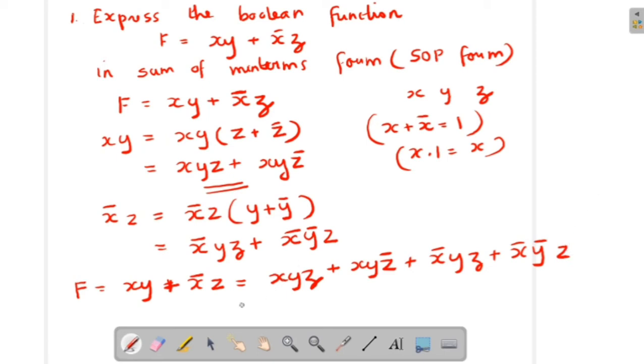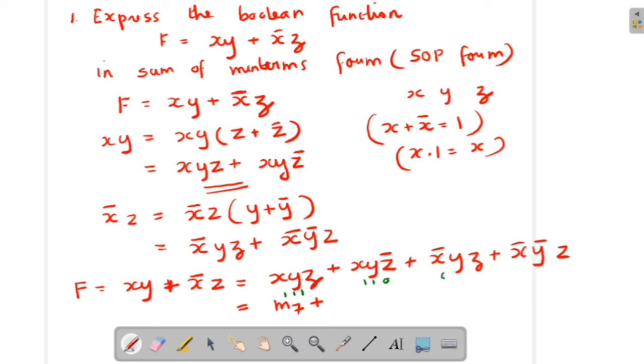Okay, then find out the minterms. How can you designate the minterms? So here it is x, y, z, all are unprimed, that is 1, 1, 1, which is m7, plus this is 1, 1, 0, which is m6.